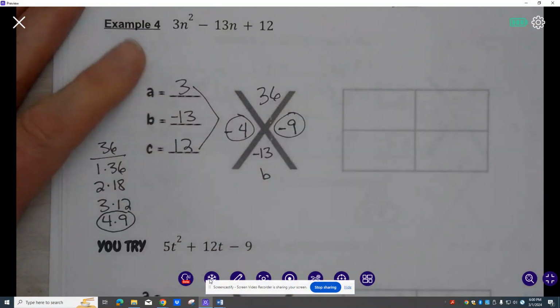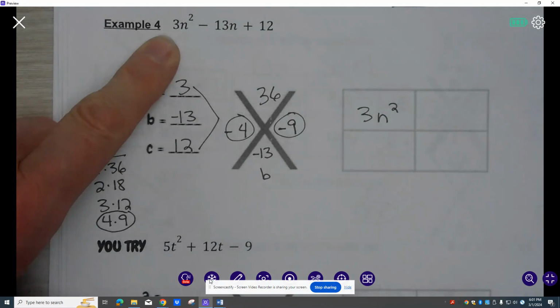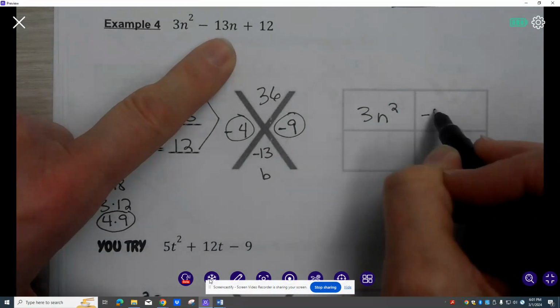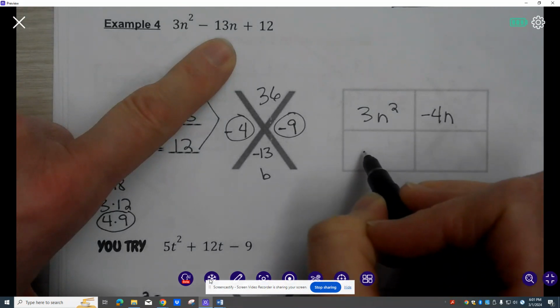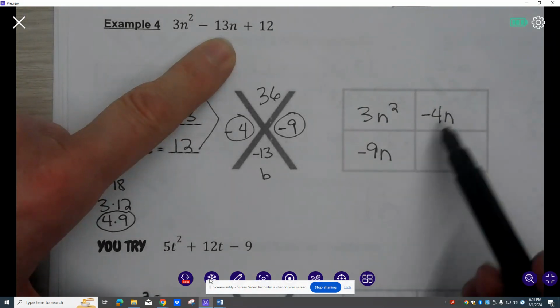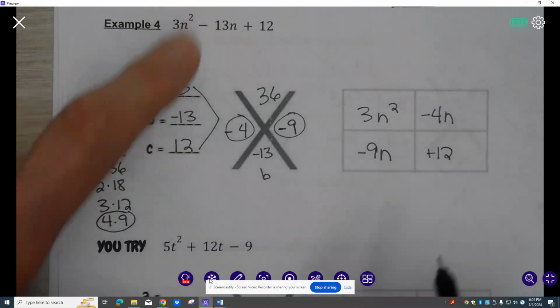All right. So now, original problem goes in the box. 3n squared. Negative 13n, I decided to split up into negative 4n and negative 9n, which, if I add them, I get negative 13, yep, and then plus 12 on the end.